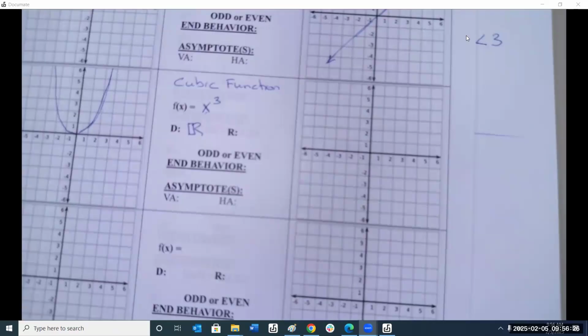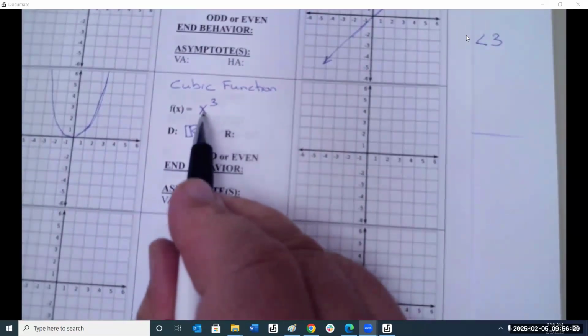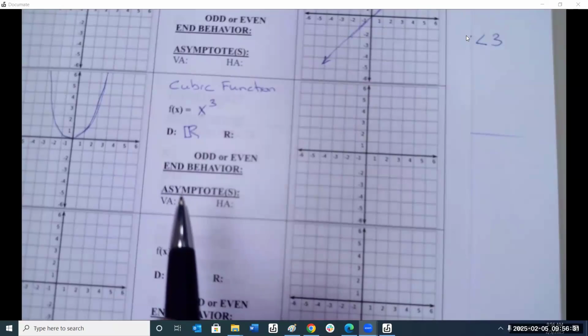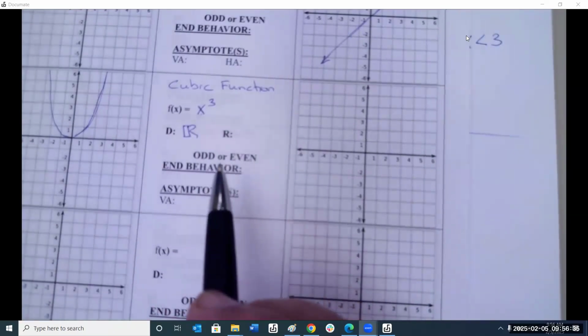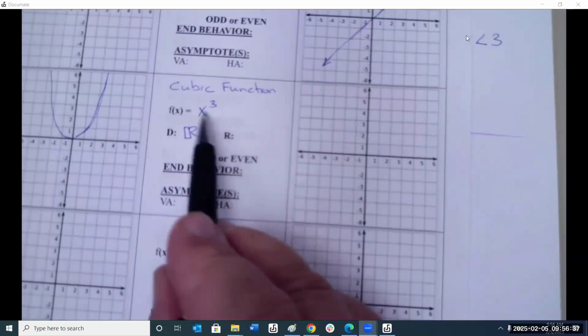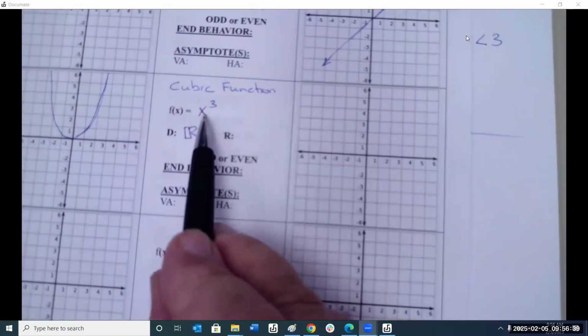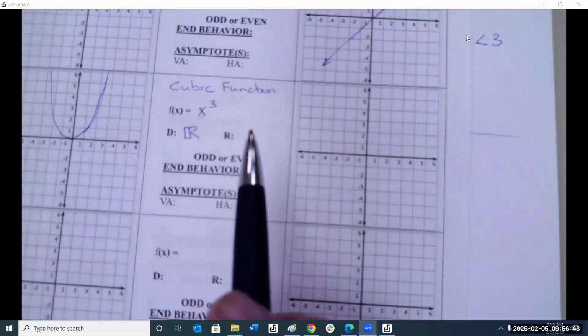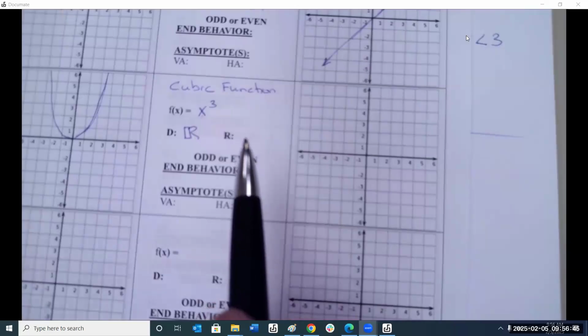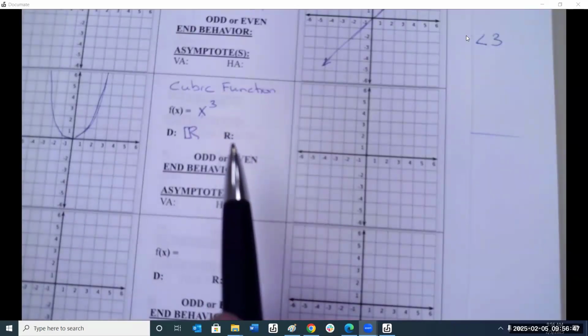How about my answers? If I put a positive number and cube it, what do I get? So what's 2 cubed? 8. So it's positive. If I put positive, I get positive. If I put 0 in there, I get 0. If I put negative 2 times negative 2 times negative 2, I get negative 8, because negative times negative is a positive, times negative is a negative.